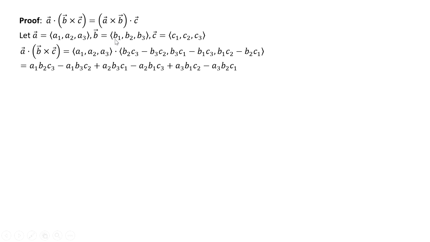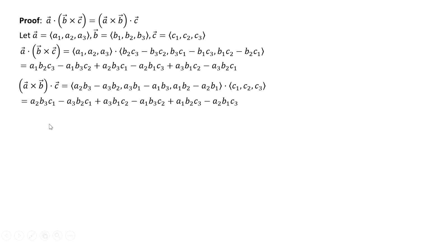Now, let's pick up A cross B dotted with C. For A cross B, we will write it this way, and C is (C1, C2, C3). Again, the dot product. When you multiply, you get this. And these two are exactly the same. What? I don't see that, man.